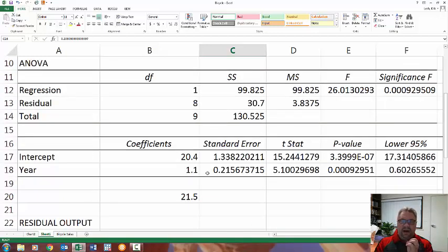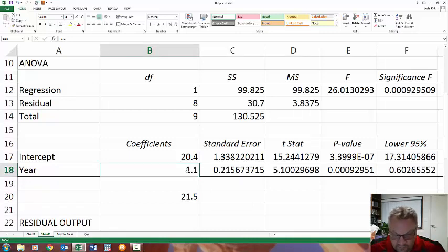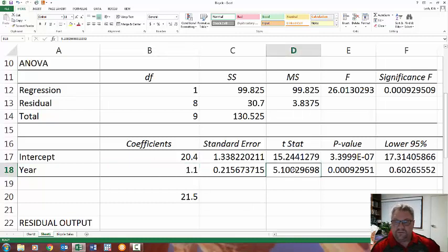Statistically speaking, I know that this is valid because of this T-stat, which you might remember from your statistics course. A T-stat of 5 means that this coefficient is statistically significant. So in fact, I do have a statistically meaningful trend.